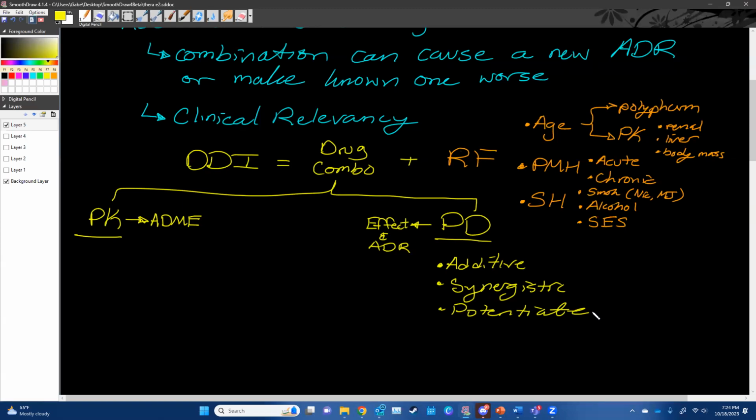Now, there's also another one we can talk about in terms of drug interactions specifically, which is antagonism, which is the idea that 1 + 1 = 0, that adding two drugs will cancel each other out.